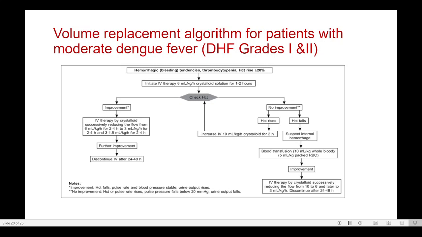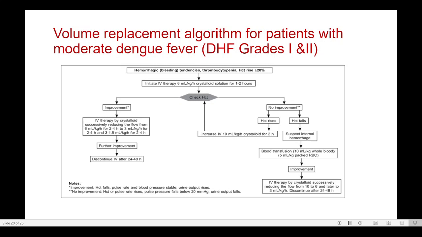But in the second repeat check of hematocrit, if there is no improvement, two situations may arise. One is hematocrit rises, or another is hematocrit falls. If the hematocrit rises, then increase the IV fluid from 6 cc per kg per hour to 10 cc per kg per hour for another 2 hours.